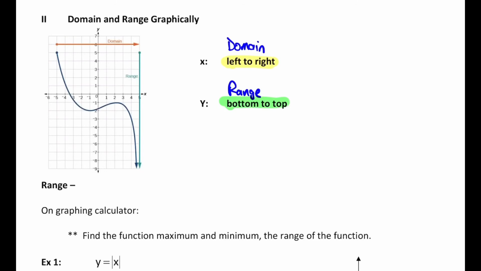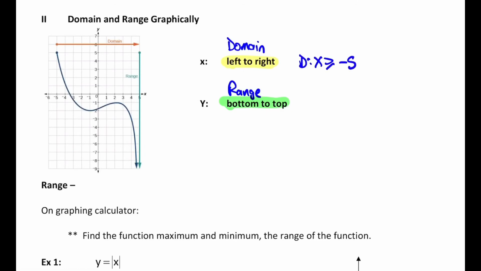So you can see here we've got a visual. If my function starts here, notice that's a closed circle, so no arrow, and it goes this way, and then it goes this way forever. My domain starts here and would be all of these x values. All right, so for this particular function, that looks like my domain is going to be x is greater than or equal to negative 5.